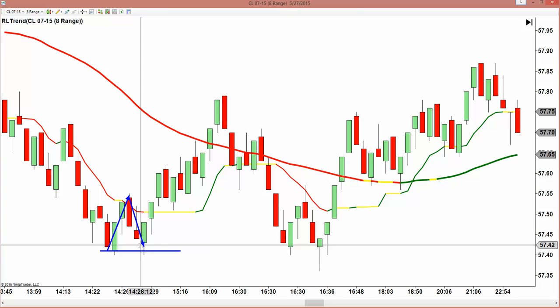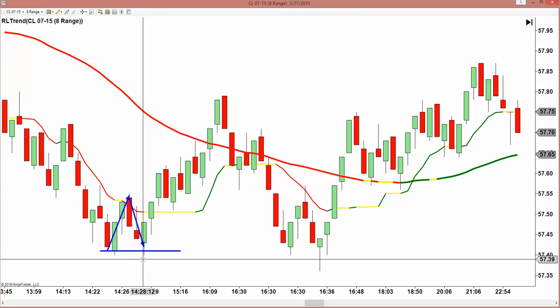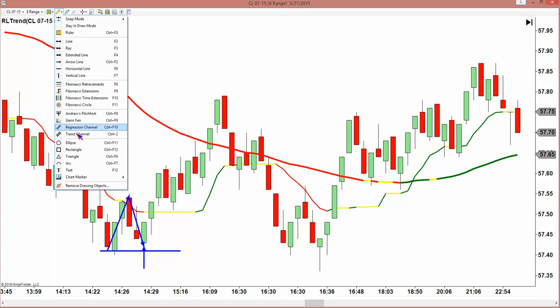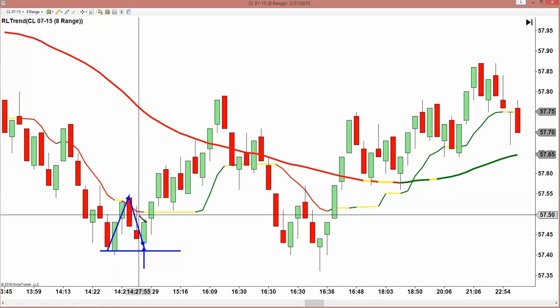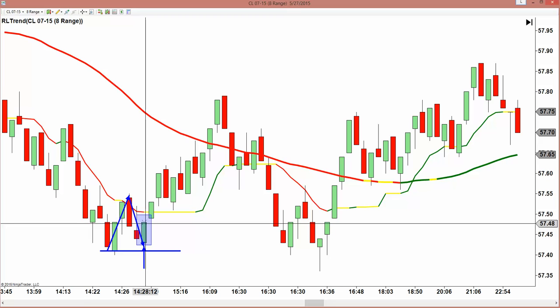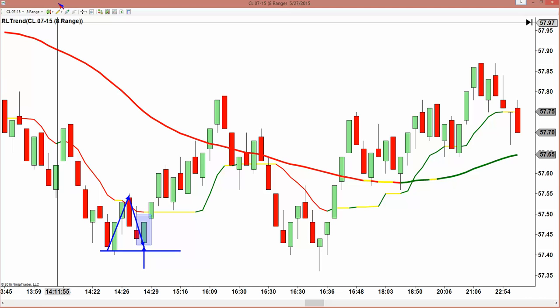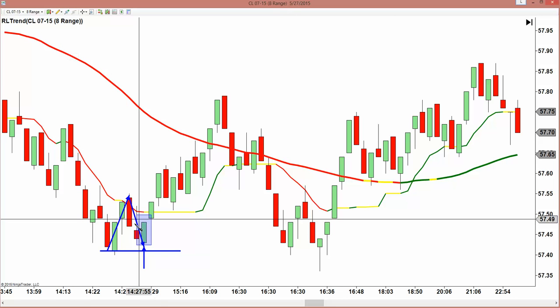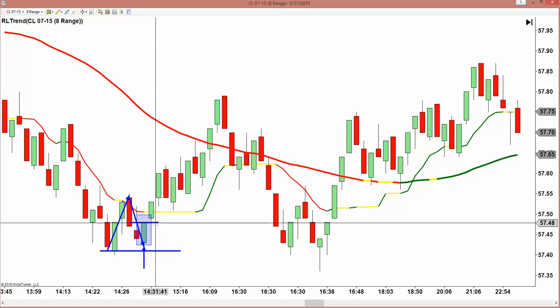And the reversal here comes with an engulfing candle. And what you're going to do is go long right here, simply based on price action.